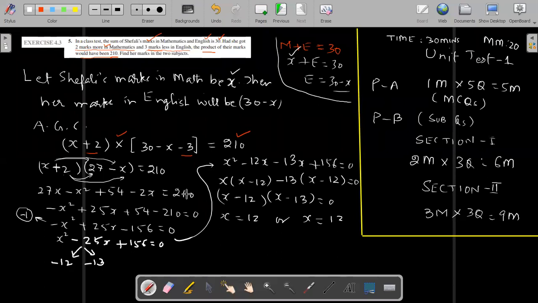So when we take x is equal to 12, there are two answers here. If we take x is equal to 12, then 30 minus 12 will become 18.